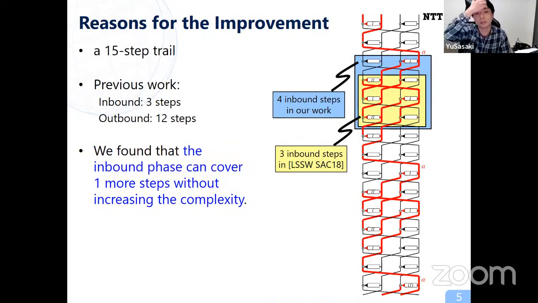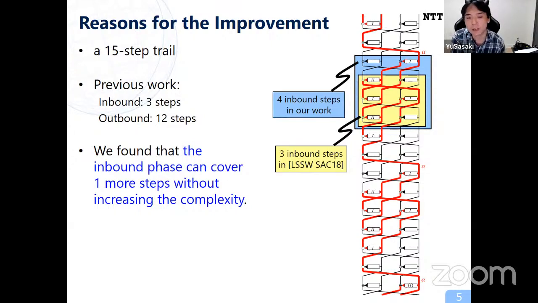This is a one-page slide for the reason for the cryptanalysis improvement. The previous attack is a rebound attack, and we use the 15-step record. In the rebound attack, the attacker first chooses the state values to satisfy the differential transition of the middle part. In the previous work, the inbound phase covers 3 steps, and the other 12 steps are satisfied probabilistically.